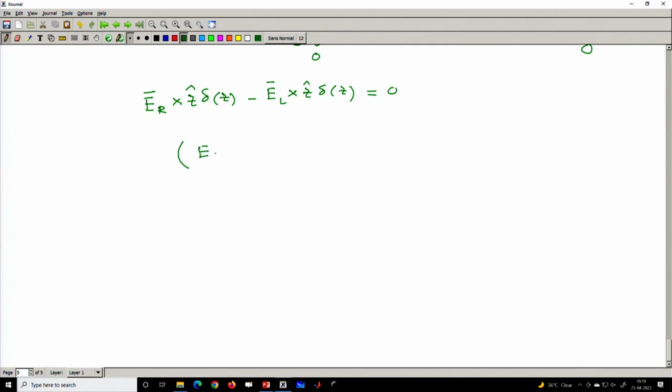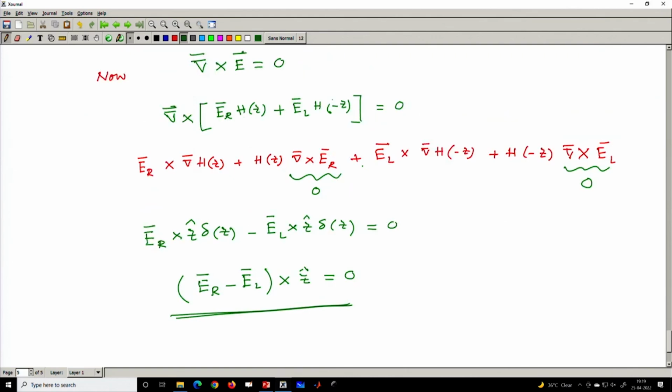So, ER minus EL cross Z is equal to 0. So, that is the parallel component. If I look carefully, this is my second matching condition.